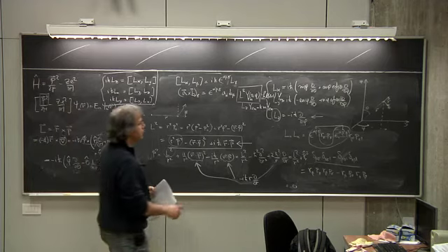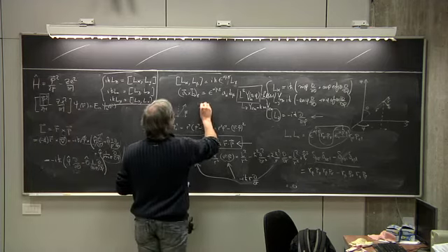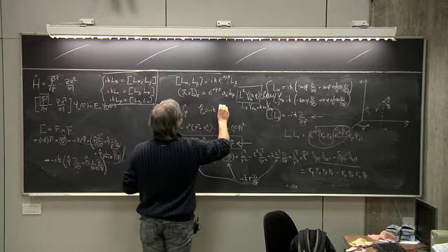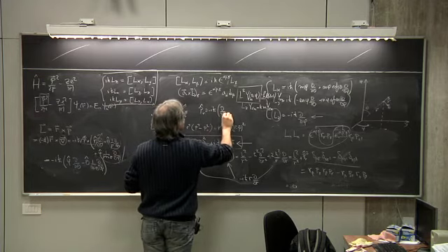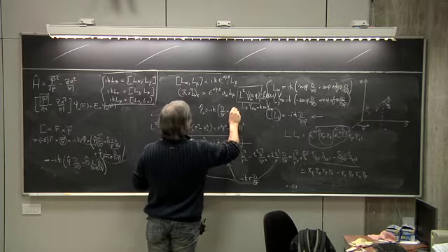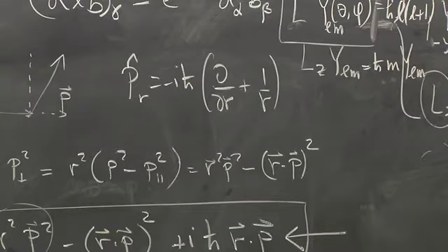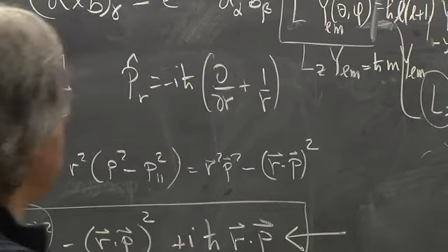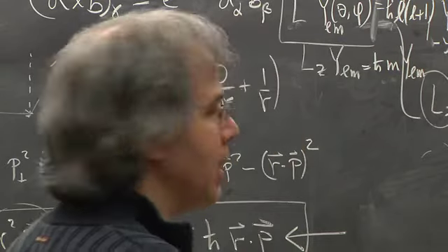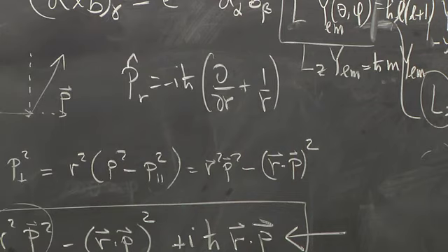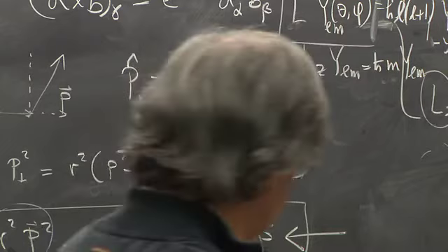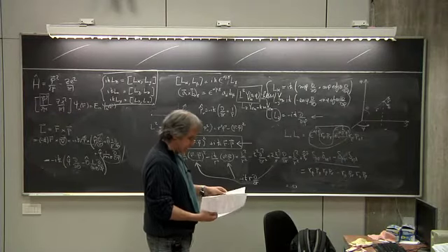So this object PR is just minus i h bar, not simply the derivative, but there is a plus 1 over R term to make it Hermitian. So you can rewrite this thing in several possible ways. It doesn't matter. The important thing is that the variables are very nicely separated, R and theta and phi.